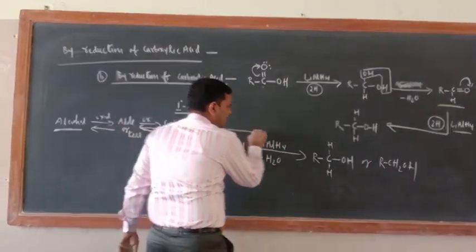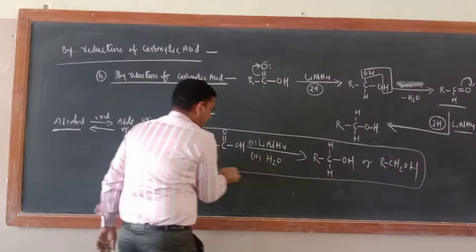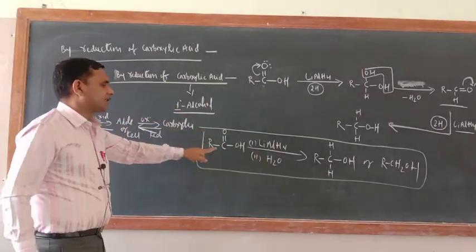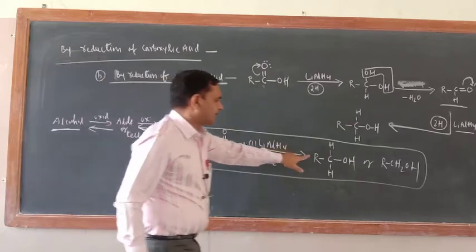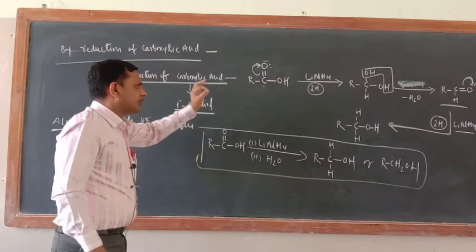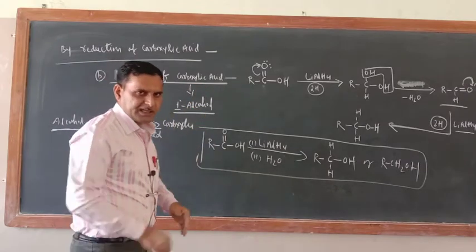As you wish, you can write in the first way or the second way, but the reduction product of carboxylic acid is 1 degree alcohol only. And please take lithium aluminium hydride only as a reducing agent.